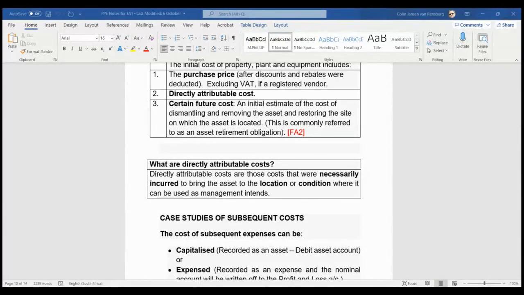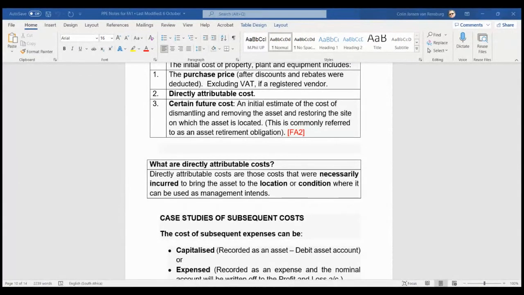And the reason, if we can talk about that up front, is that if it is regarded as a directly attributable cost, it will form part of the cost. So you are going to capitalize that cost as part of the cost of the asset.